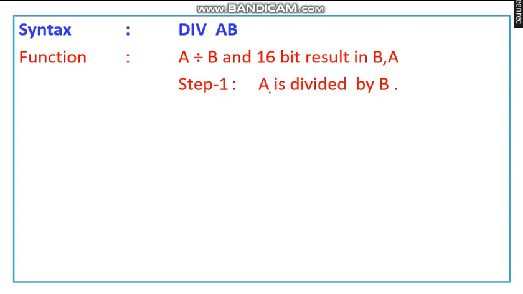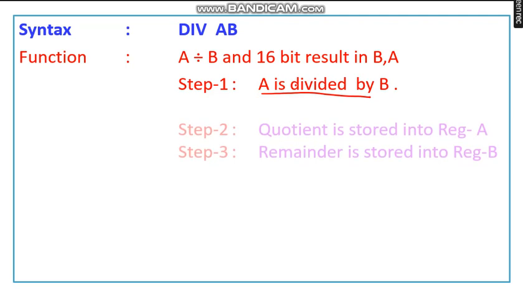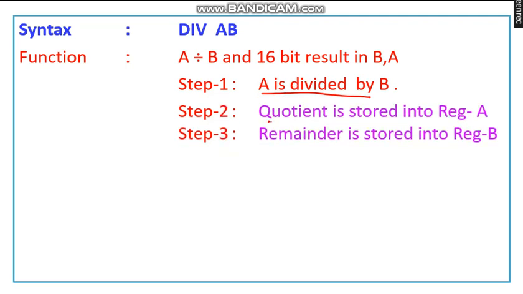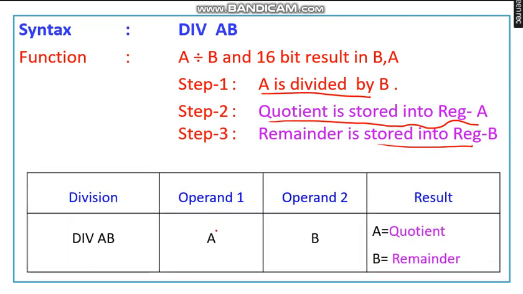First of all, A is divided by B. In the second step, the quotient will always be stored in register A and the remainder is always stored in register B. So you can see we have content of A divided by content of B, store the quotient in A and store the remainder in register B, and the syntax is DIV AB.